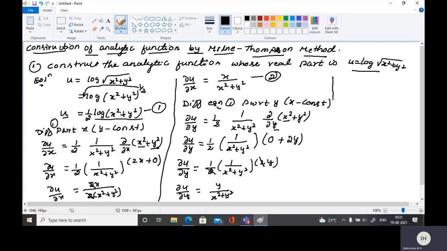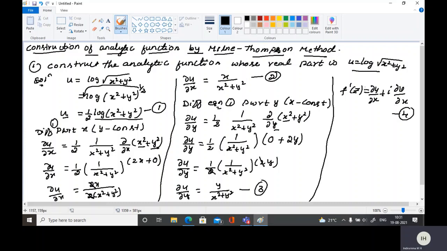So next step is we have to construct the analytic function. For that I will consider f dash of z. F dash of z in the Cartesian form is dou u by dou x plus i into dou v by dou x. I will call this equation number 3 and this equation number 4. See?